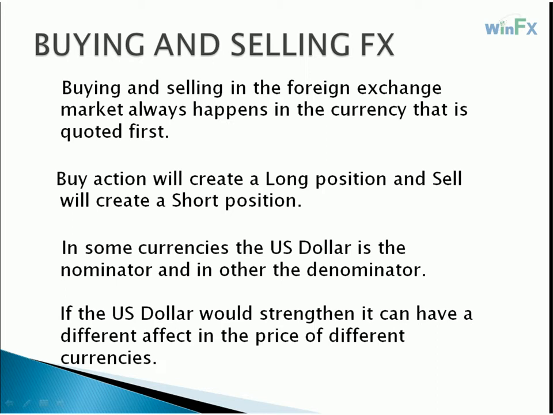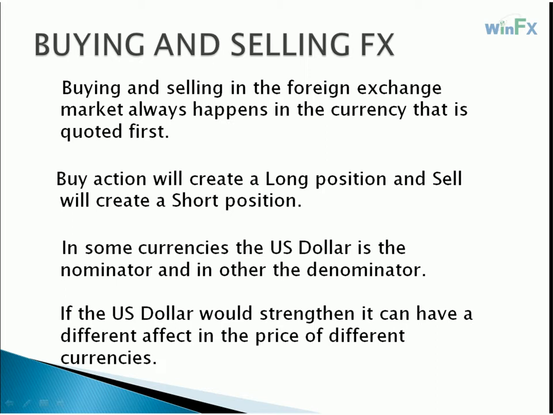Let's take an example. Price of Euro USD is 1.3100 and the price of USD CHF is 1.6500. If US dollar should strengthen against both the currencies, it will have the following effect on the price of Euro USD and USD CHF.